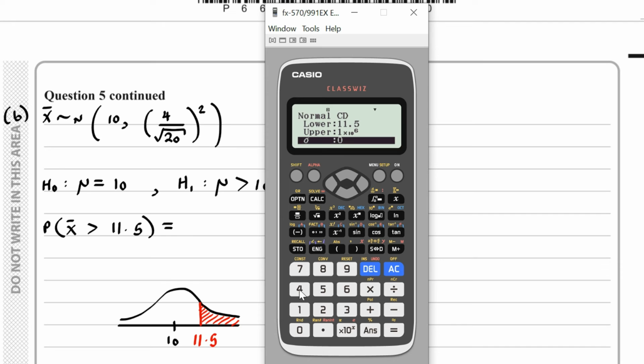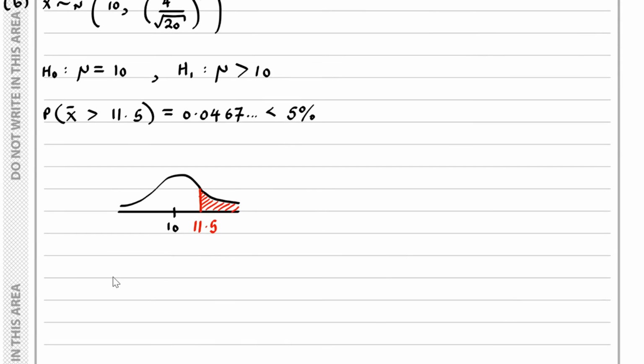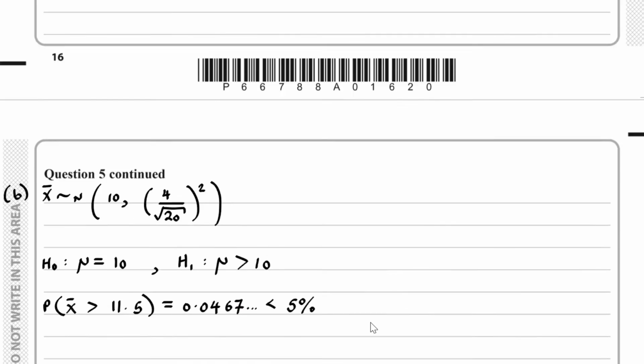Sigma over here is going to equal 4 divided by the square root of 20, and the mean is going to equal 10. So it turns out we get 0.0467, etc. And what you see over here, this is less than the 5%, and therefore we can reject H0. So if we put our answer into context, we can see here that there is evidence to support the complaint.